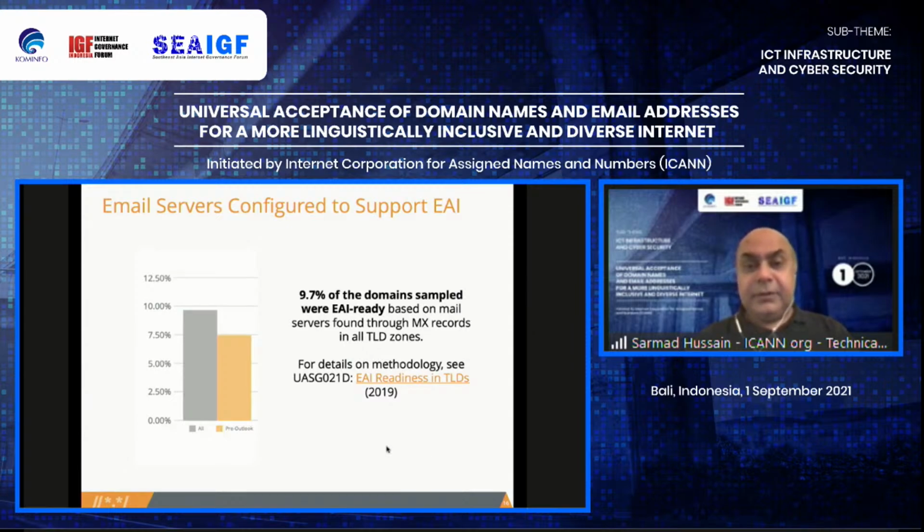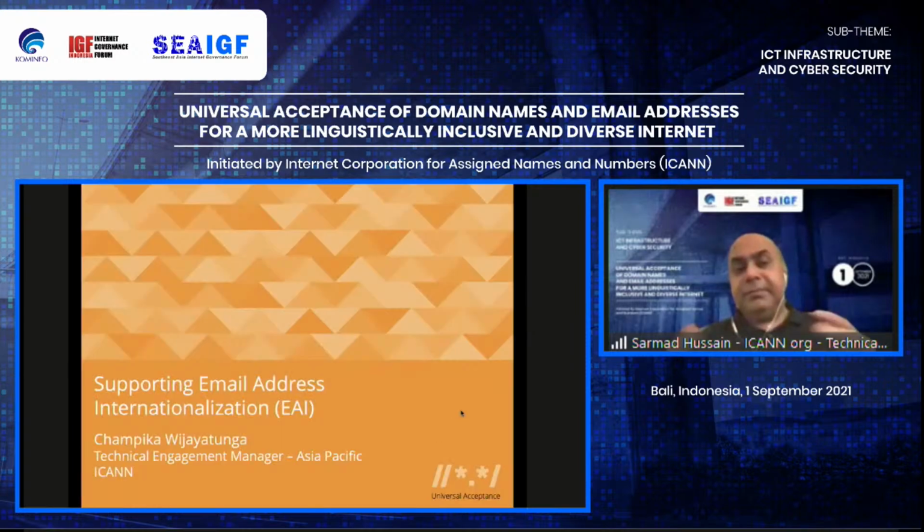So that's a bit of a background on where we are with regard to what universal acceptance is and what is the current state of acceptance of the different domain names and email addresses.